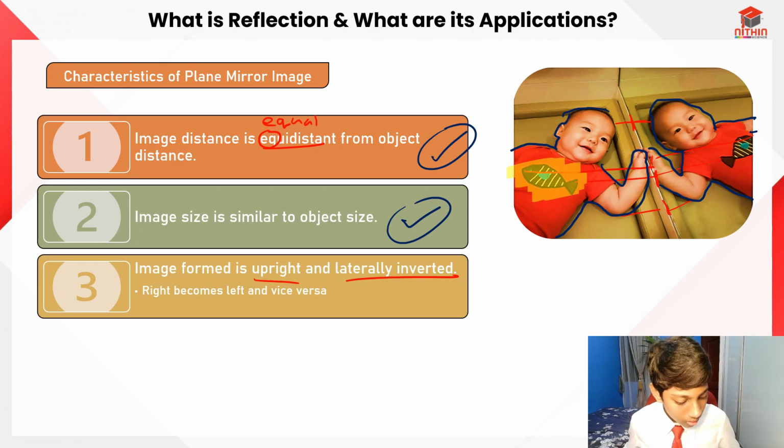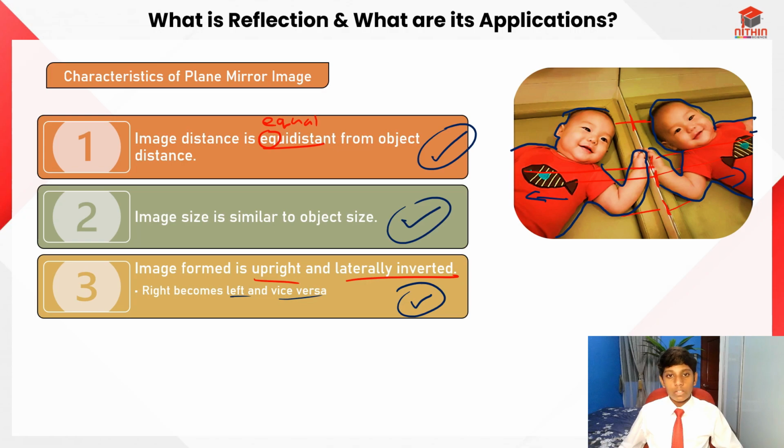That fish is facing this direction, and over here it's facing this direction, but in the mirror, it's facing the opposite direction. So this tells us that it is laterally inverted. Right becomes left and vice versa, and left becomes right. So this is also proved to be correct.